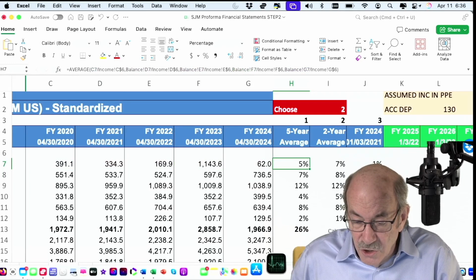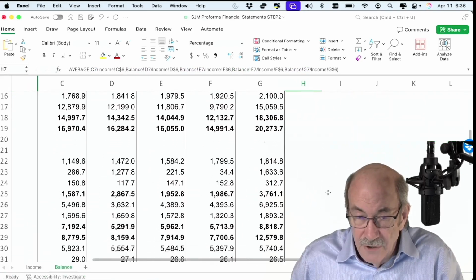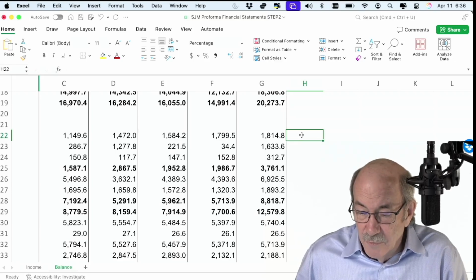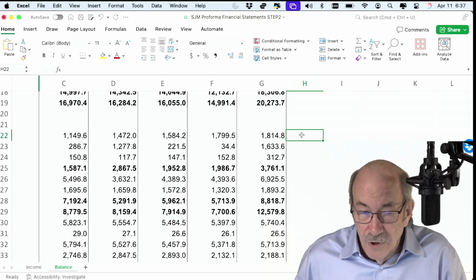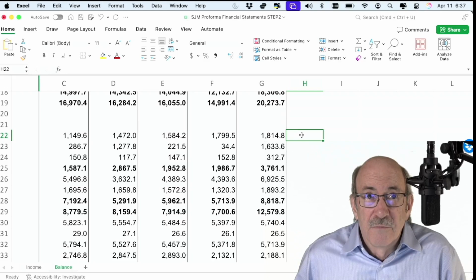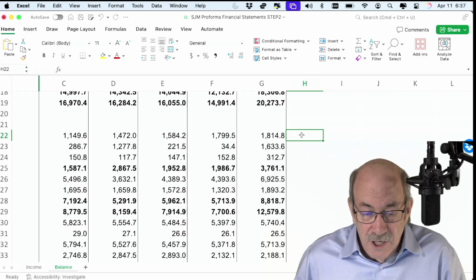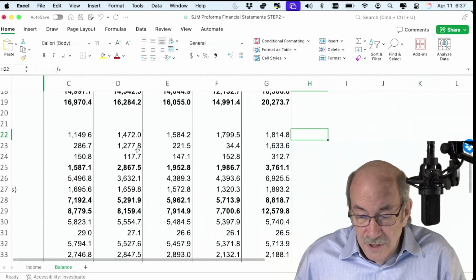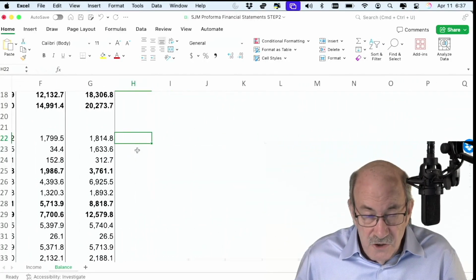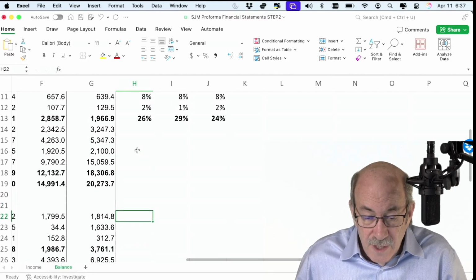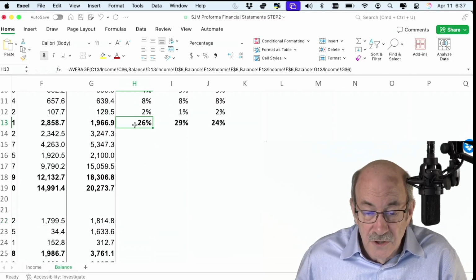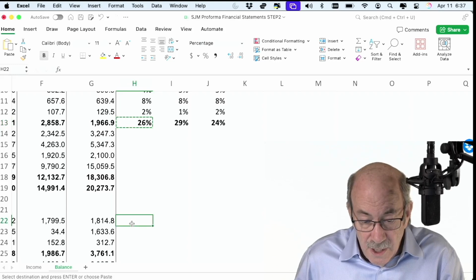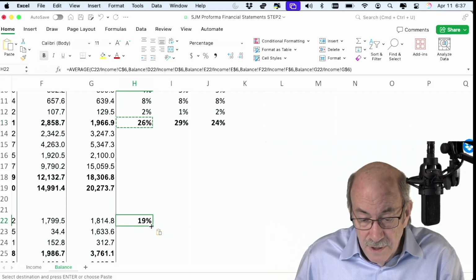Although I don't have it on this particular step, you'll see it in the next one, I should have done something similar for the current liabilities. So the accounts payable, the short-term debt, and other short-term liabilities. I didn't have it on this sheet, but in fact, I should be able to just copy this and go down here.